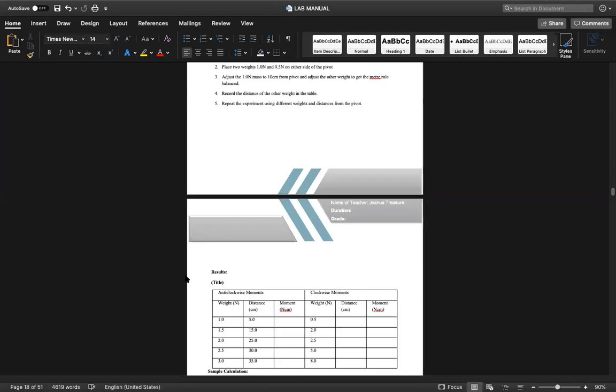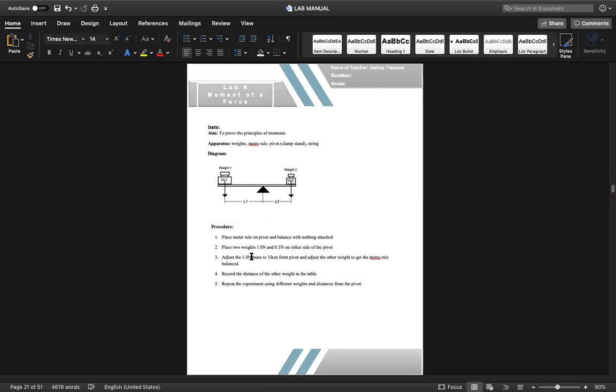Where is it? This, and open this. Lab experiments. Lab manual. Here we go. Go down now to moments. So we made some changes.